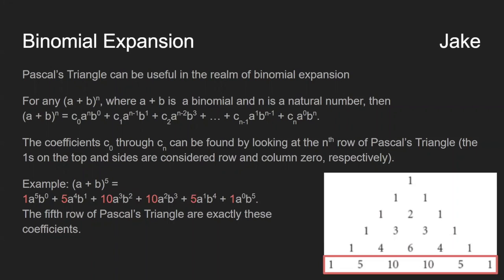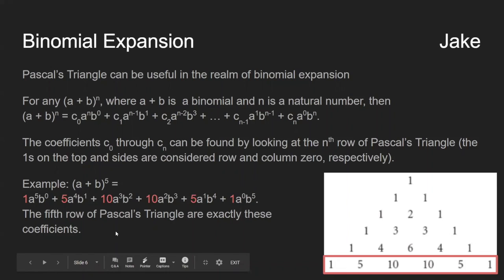So when you look at the diagram there, the top is row 0, and then you have row 1, and row 2, and row 3, and it's easy to tell because the second number in each row is the row that it is.